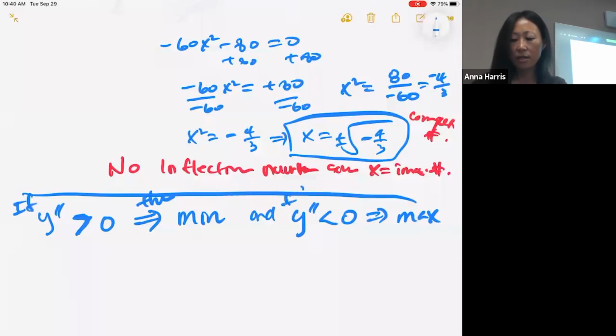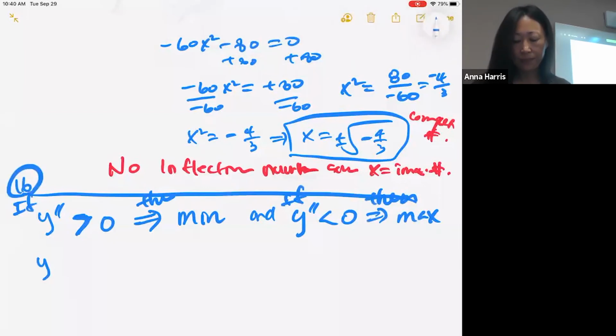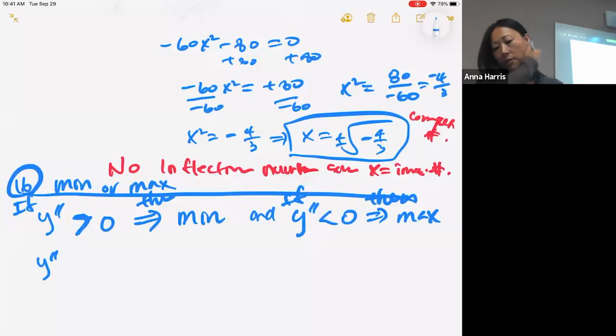Okay, so I'm going to plug it into our y double prime. Watch, I'm doing it now, number 16. You know what, max? I need to find that. Okay, so y double prime, and then I'm going to plug it in. Oh, I don't have an inflection number, so I cannot plug it in.